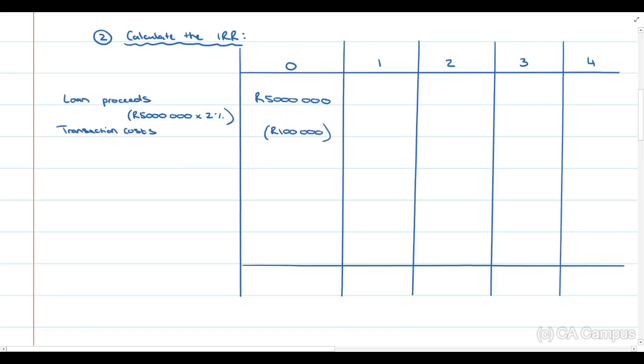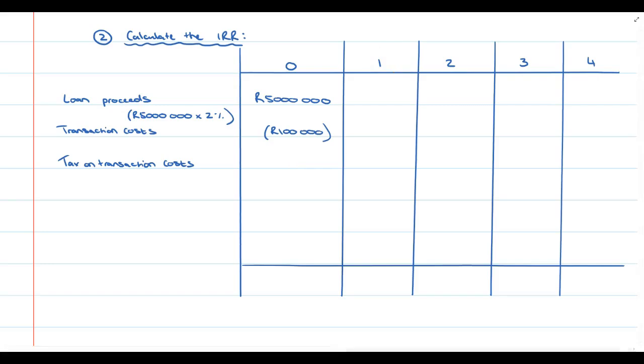Next, you need to consider the tax consequences on those transaction costs because the company will get a tax deduction for the transaction costs. Now, just be careful. You can't include the amount in column 0 because the company does not do their tax return at the beginning of the year. Remember, they'll only do their tax return at the end of the year. So they'll only get the benefit of this tax deduction at the end of the year when they prepare their tax return.